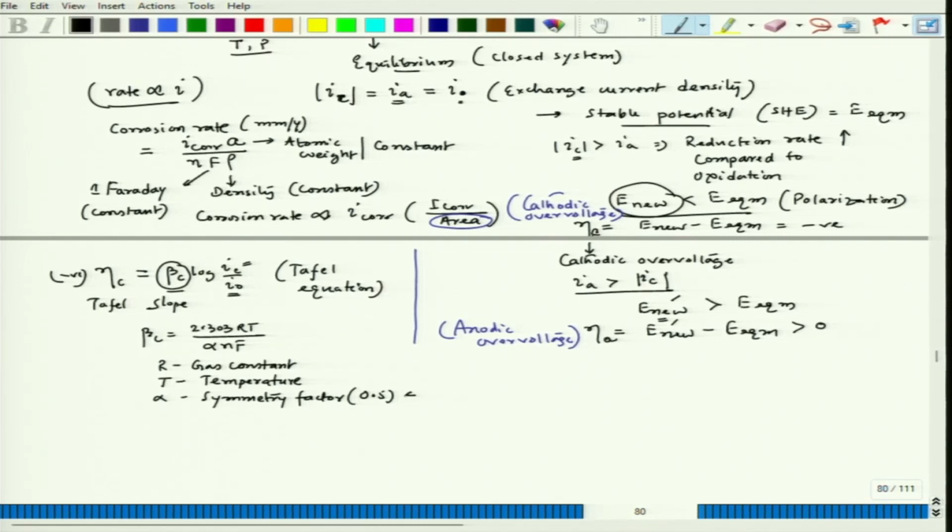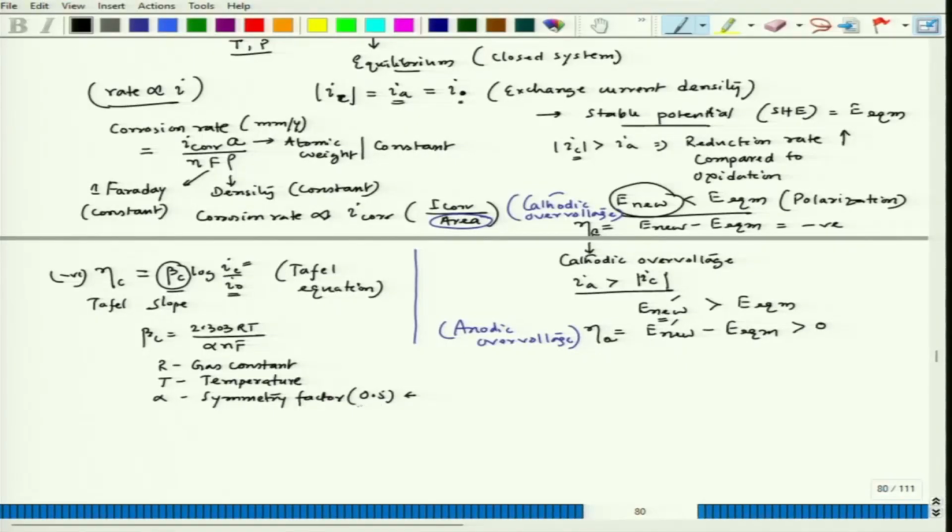So, it has a serious implications on those cathodic and anodic reactions. So, let us not get into that, we assume it to be 0.5, and this has been explained in our earlier lecture series.